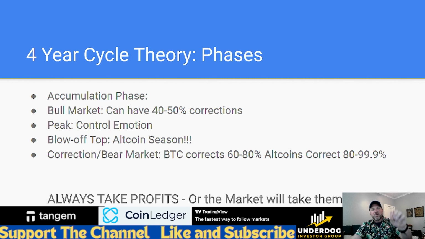That's the peak. During the peak, this is when Bitcoin is in price discovery. It breaks its all-time high. Everyone's going to be calling you an idiot if you aren't buying. I am not buying at this point.